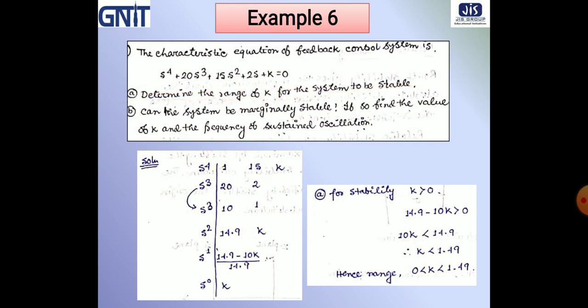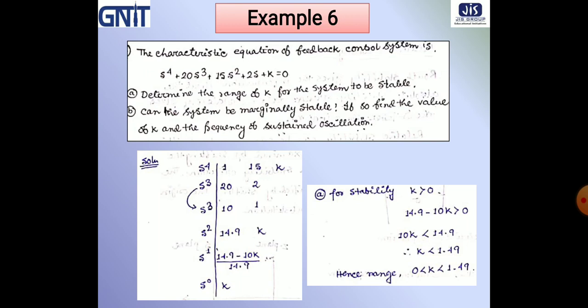Just put all the k related terms, these last two terms, greater than 0, so that all the elements of the first column become greater than 0. That means positive. So if you put those two terms greater than 0, then there will be a range, that is k in between 0 to 1.49.